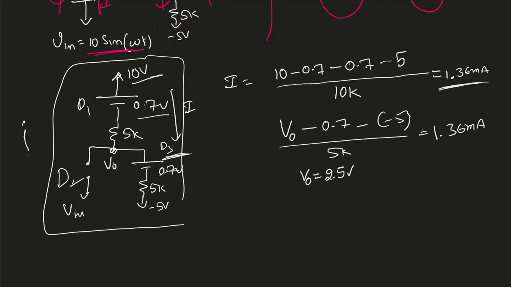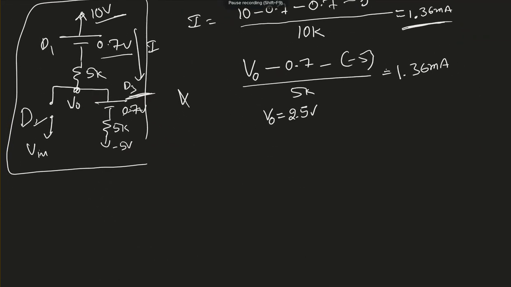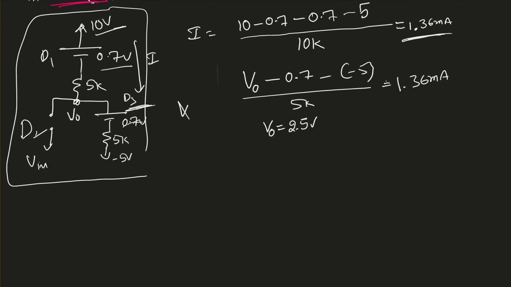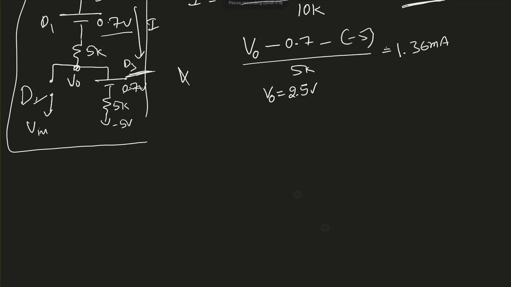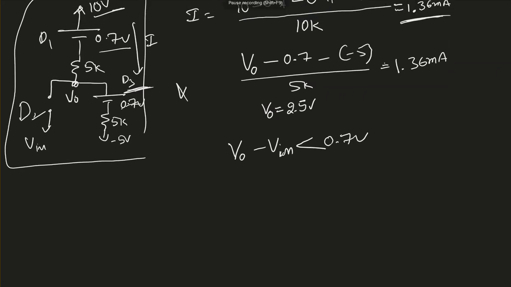So here, my apology, my pen is not working properly, so that's the reason the screen is acting weirdly. V0 minus Vn must be less than 0.7 volt. Then only D2 is going to act like open.